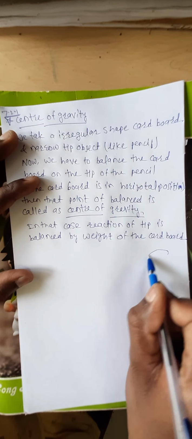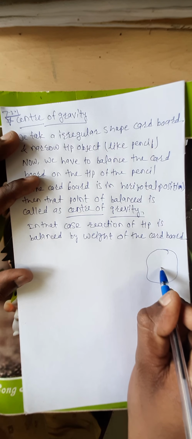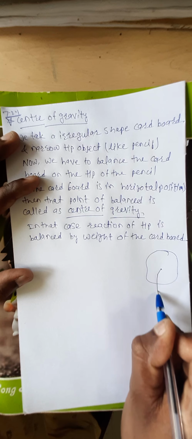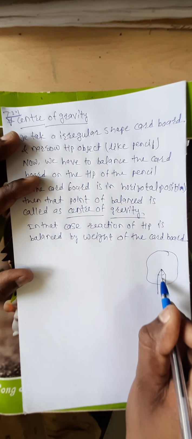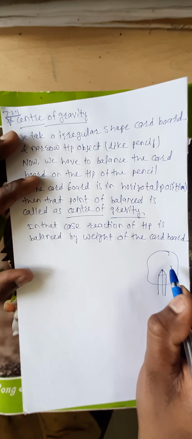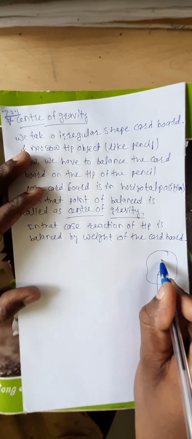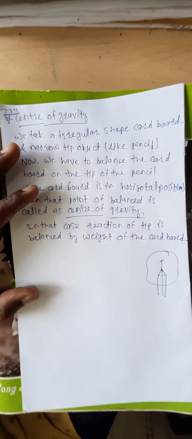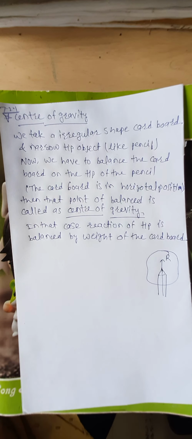Now see, this is the irregular cardboard, and we have to balance that cardboard on the tip of the pencil. In that case the reaction force is in the upward direction.